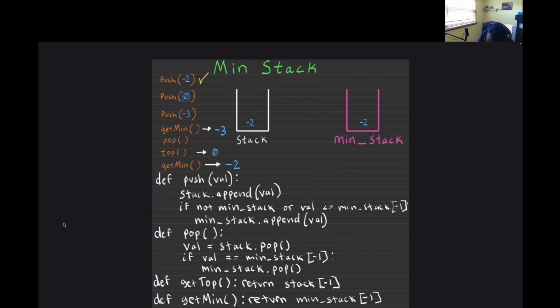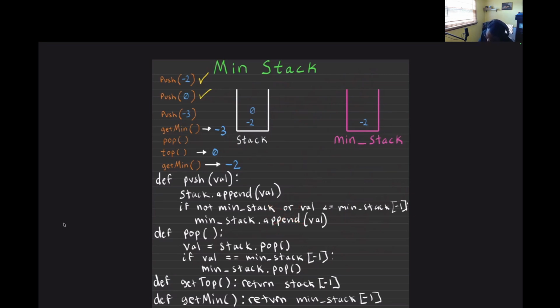So we continue on to this guy. So push 0, okay, we just did this step. Now if not min stack or value is less than or equal to min stack of -1, right? 0 is not less than or equal to -2, right? So we do not hit this case. So we're done with that second push.